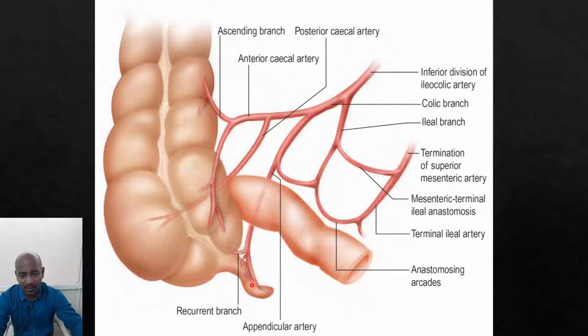The appendicular artery is the main vessel that supplies the appendix, and as it comes closer to the base of the appendix, it may give a recurrent branch which may anastomose with the anterior colic or anterior cecal artery. Then the appendicular artery continues very closely along the wall of the appendix and supplies it all the way up to the tip.